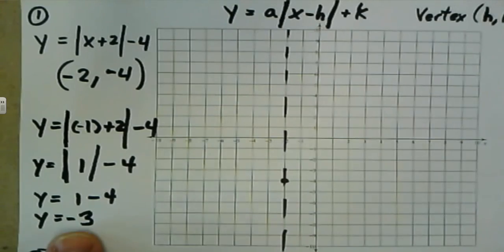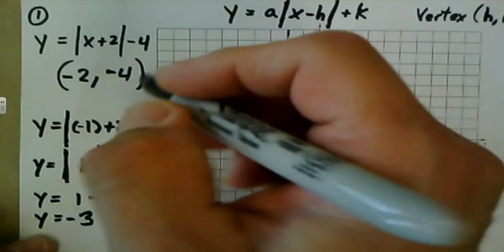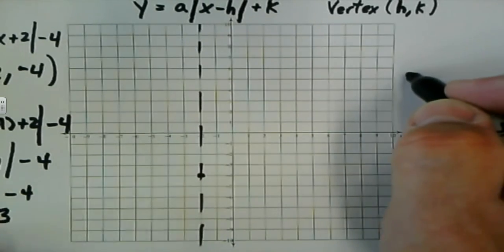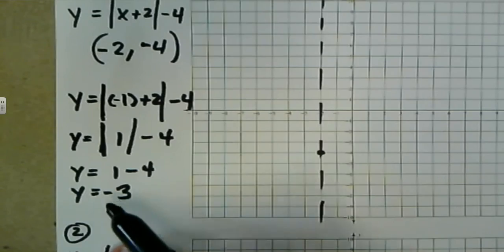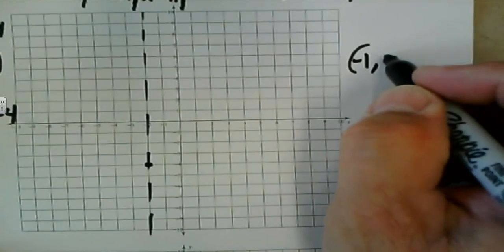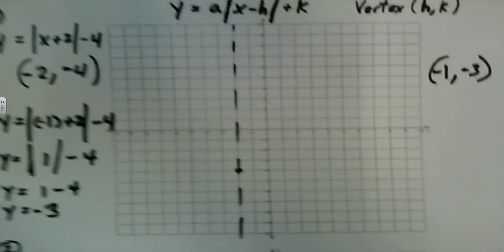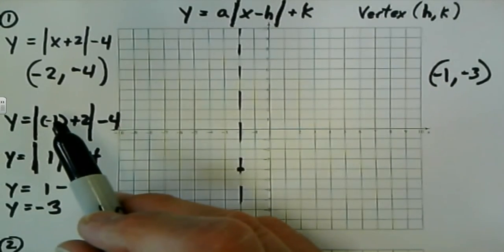All right. So what that gives us, the x value we used, let me put it over here, was negative 1, right? And the value we got for y was negative 3. So we put negative 1 in for x.